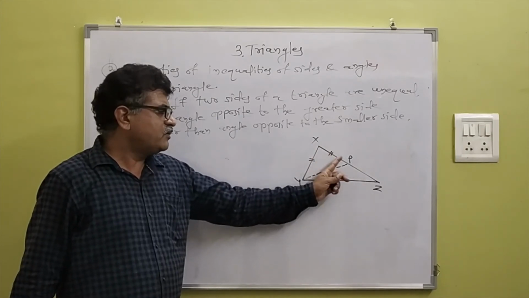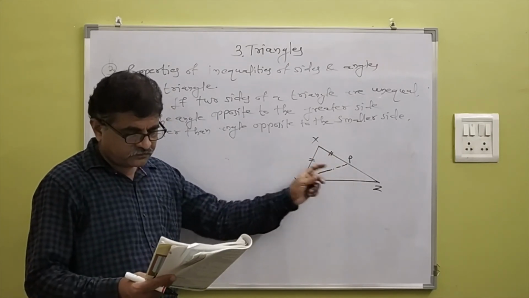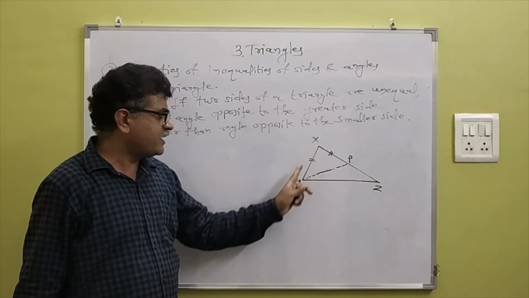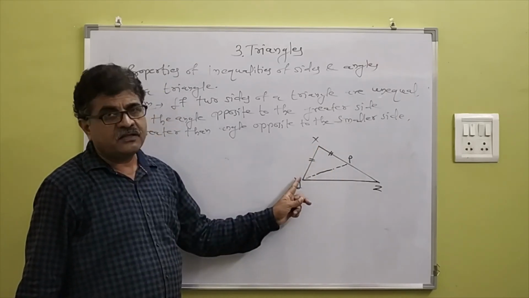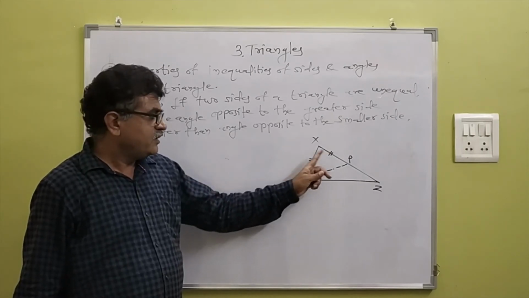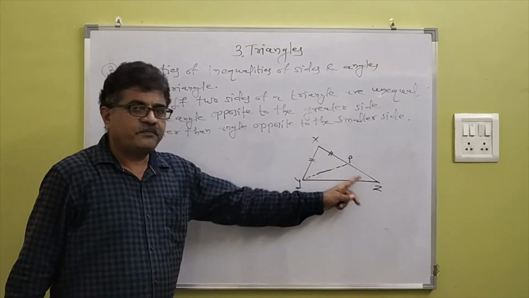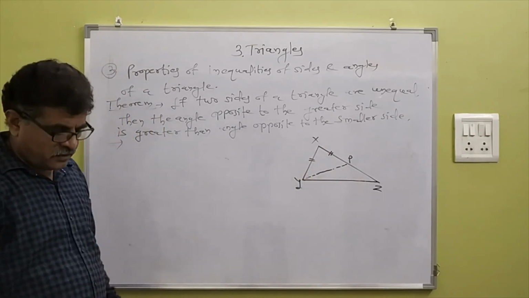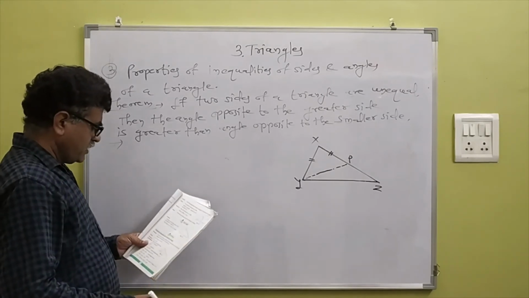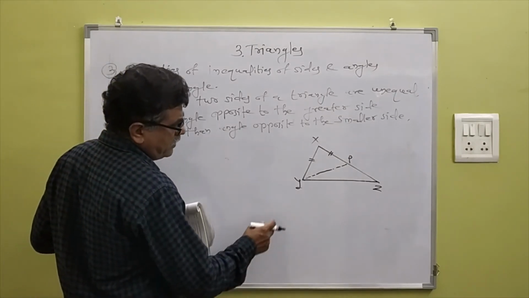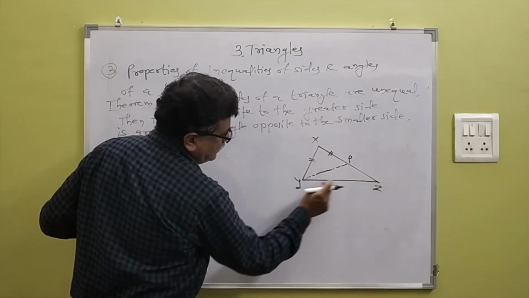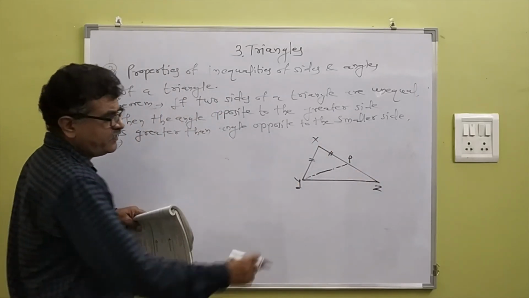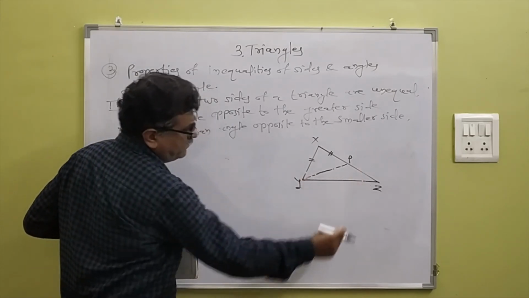Side XZ is greater than side XY. This side is greater. Therefore, we have to prove angle XYZ greater than angle XZY. This angle is greater than this angle.